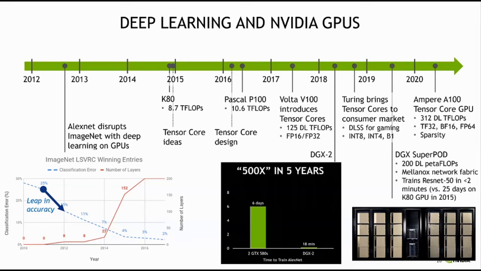So I'll talk in more detail about the design of these tensor cores and their performance numbers, right? We first introduced the tensor core design in the V100 architecture, and then we kept improving that in the Turing and the Ampere architecture as well. So in the Ampere architecture, we have our third generation of tensor cores, and I'll give you more details about that in the upcoming slides, right?